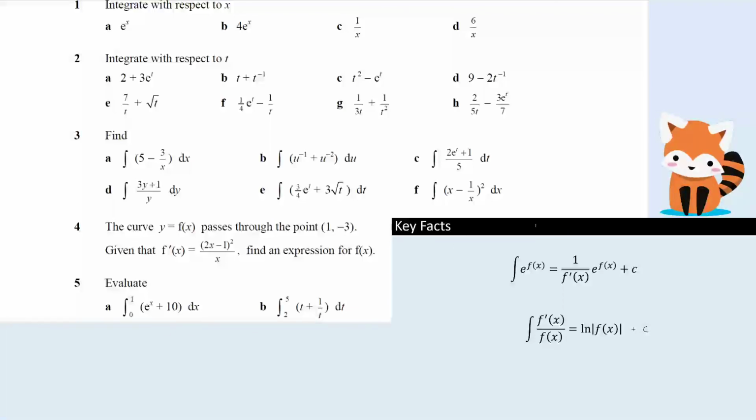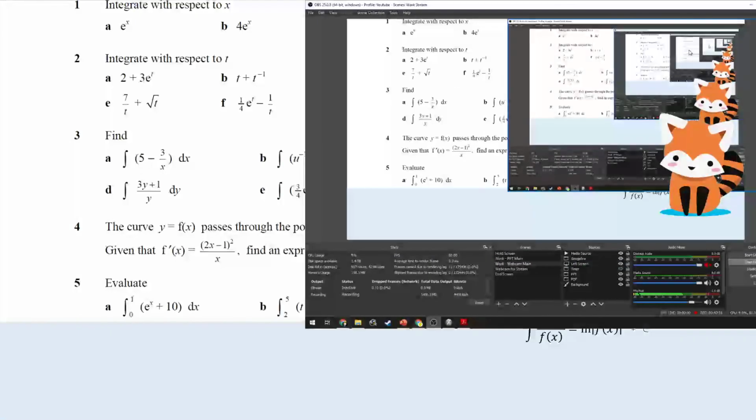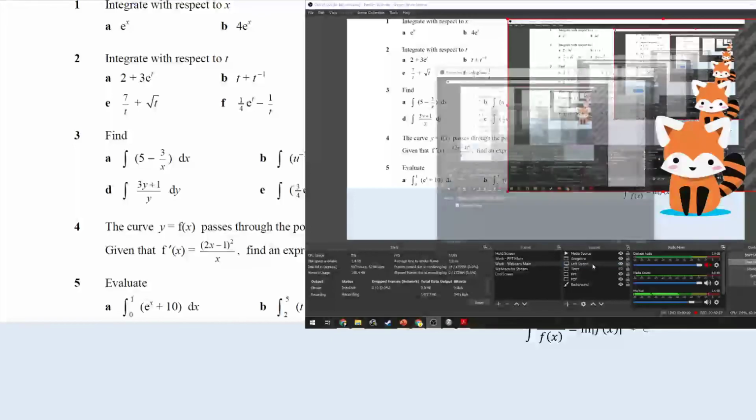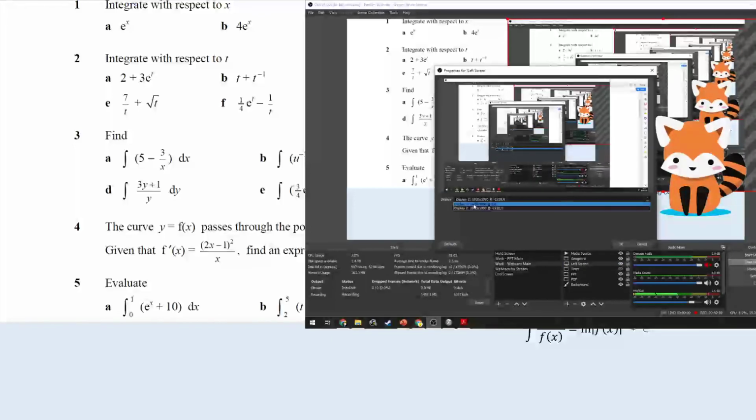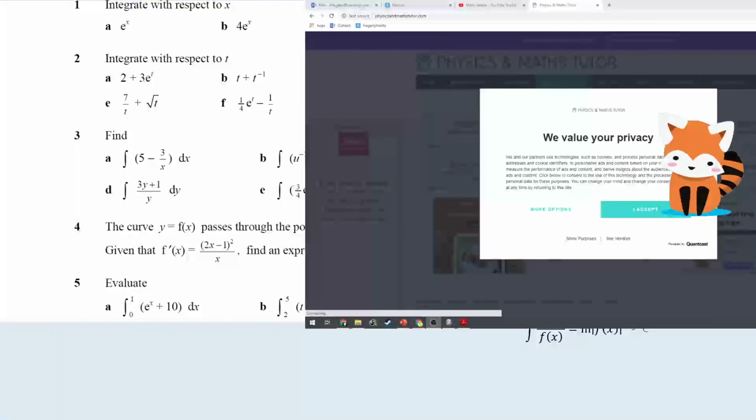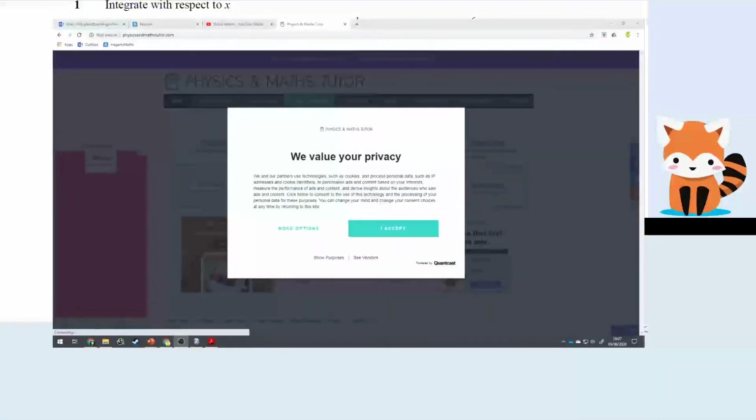The worksheet itself can be found in full if you go to Physics and Maths Tutor and go to the maths part. I think it would be really useful if I put up my right screen. There we go.